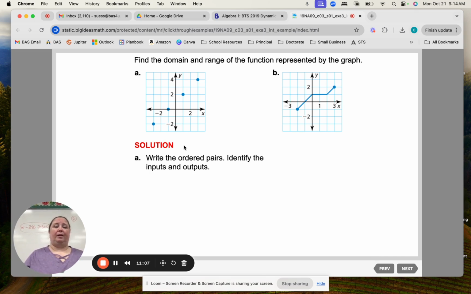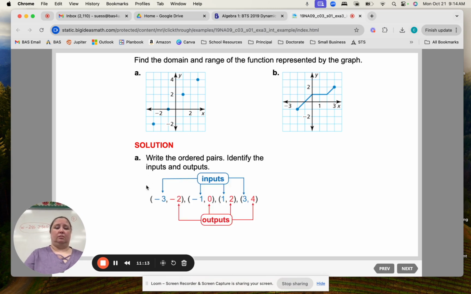So what are the ordered pairs on this graph? -3, -2. Yep. This next dot, -1, 0. Then we go to 1, 2. Then we go over to 3 and up to 4. So you see -3, -2, -1, 0, 1, 2, and 3, 4.